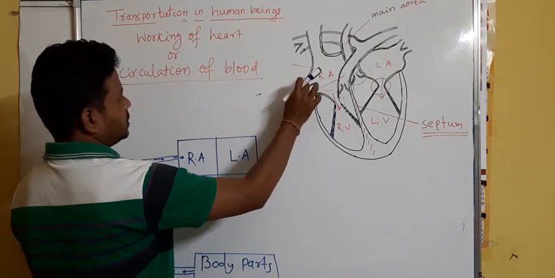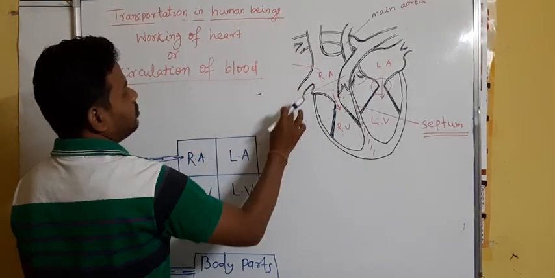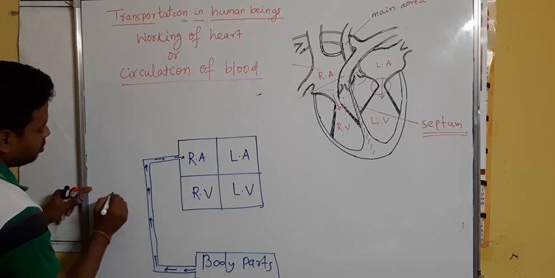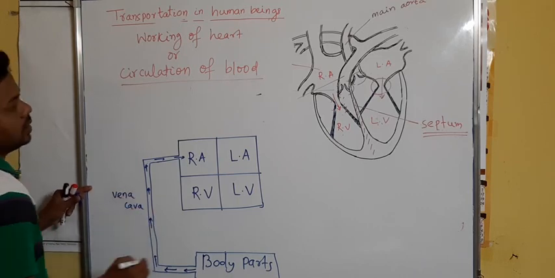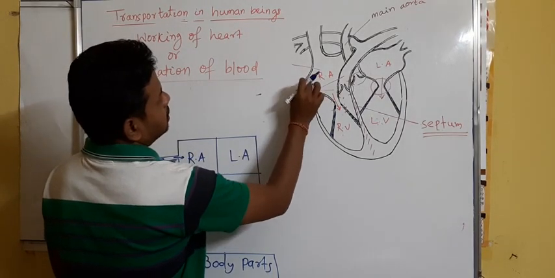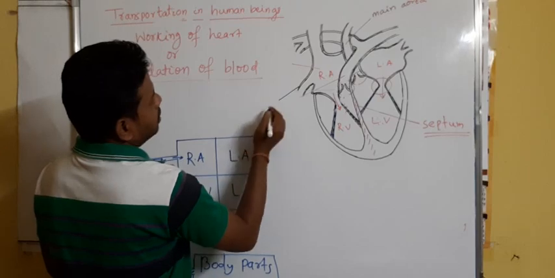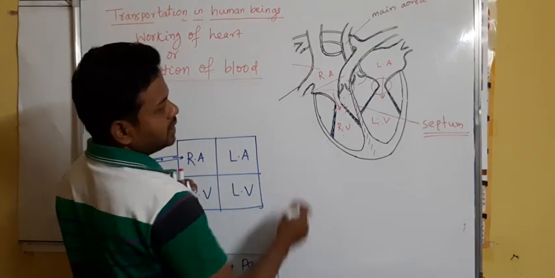Okay, this is the part from the upper part of the body, from the lower part of the body, and the name of this vessel is called vena cava. These two are called superior vena cava and inferior vena cava.